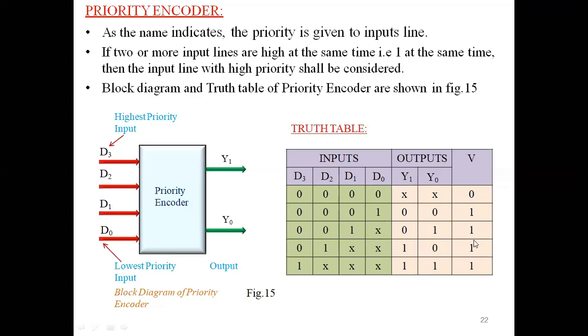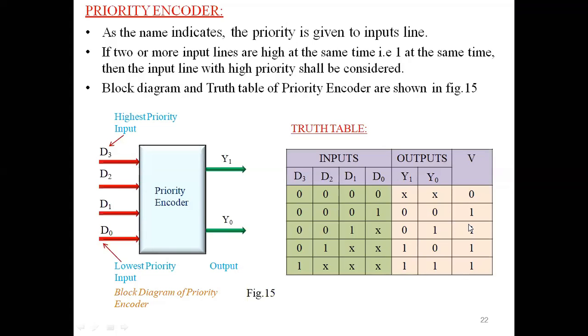For the valid bit indicator, if at least one input is 1, or more than one input is 1, we have to place the valid bit indicator as 1. Again you have to draw the K-maps for y0 and y1. Where ones are placed in the outputs, we take those input combinations and draw the K-map. It requires a 4-variable K-map, for y0, y1 and the valid bit indicator.